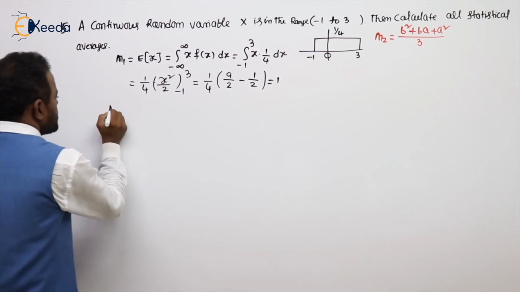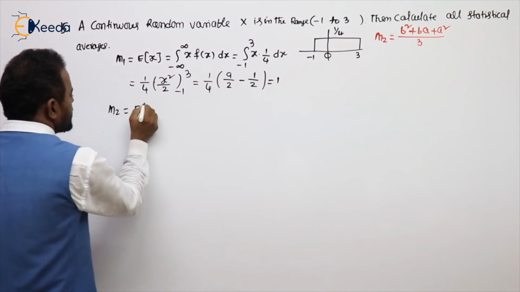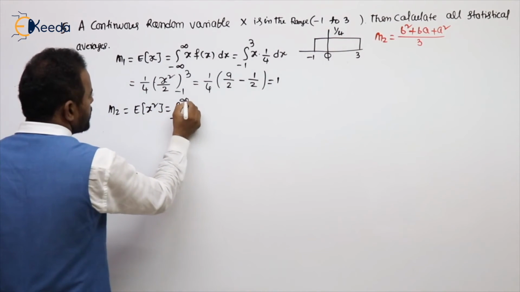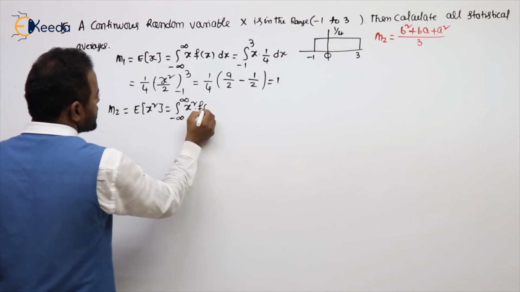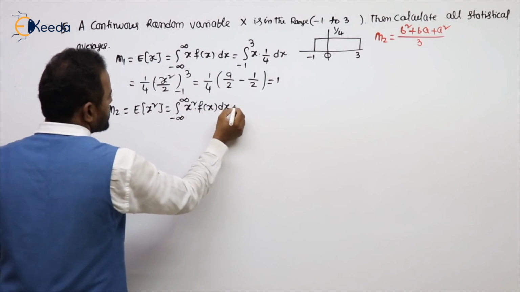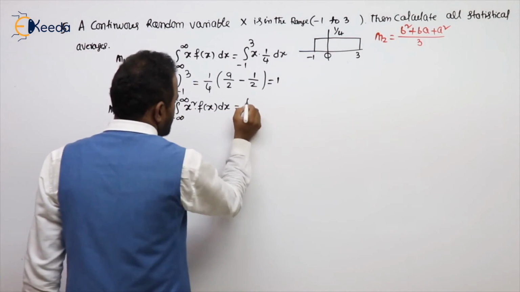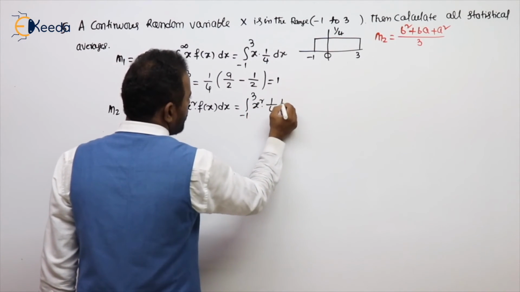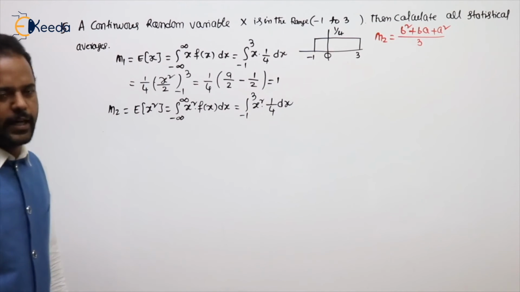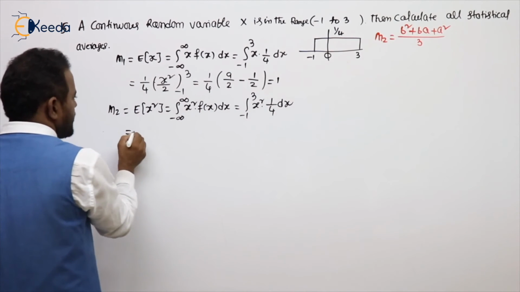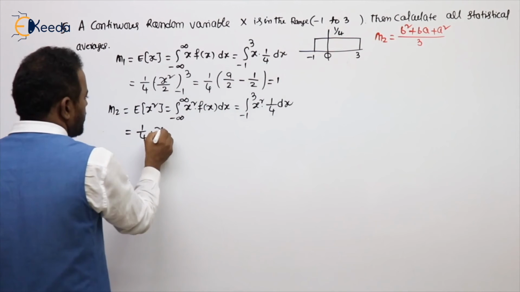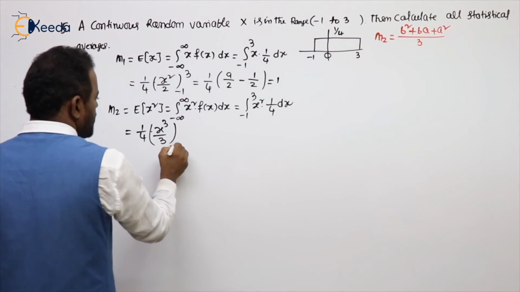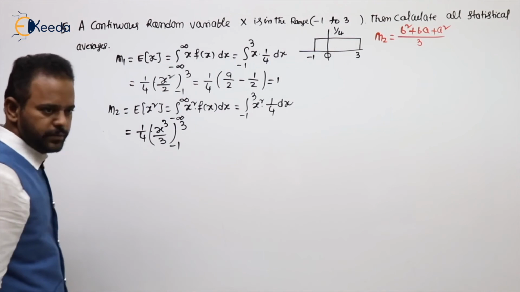Next, what is the mean square value? Expected value of x square. That is the integral from minus infinity to plus infinity of x square into f of x dx. This exists from -1 to 3, x square, f of x value 1 by 4, into dx. Getting my point? Then this is nothing but 1 by 4 into the integration of x square, x cube by 3, with limits from -1 to 3.